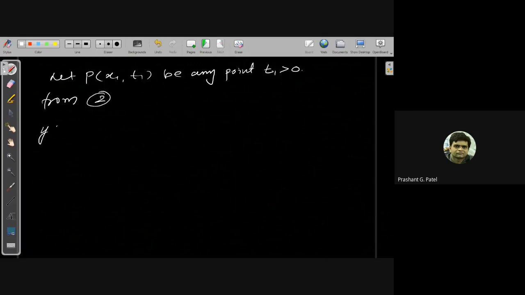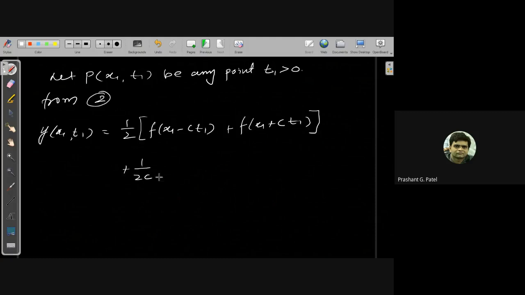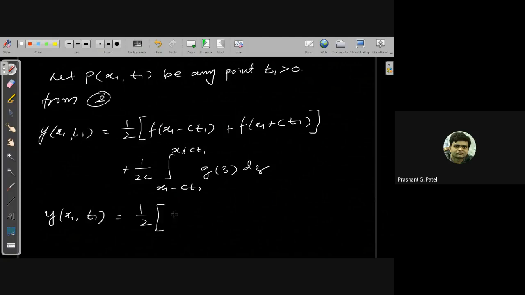It is y(x1, t1) is equal to 1/2 [f(x1 minus c t1) plus f(x1 plus c t1)] plus 1/(2c) integration from x1 minus c t1 to x1 plus c t1 of g(z) dz.